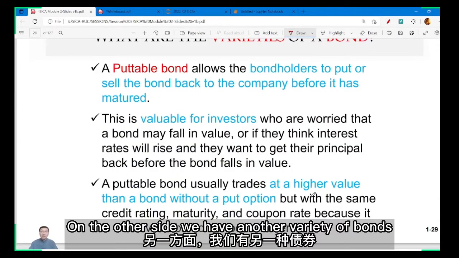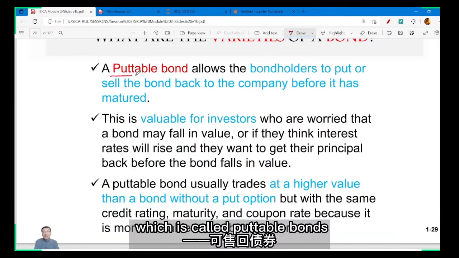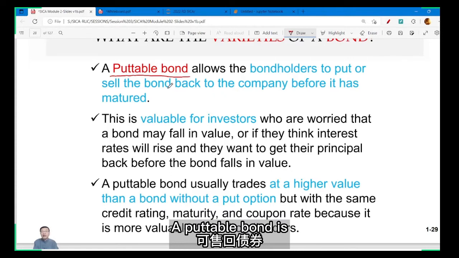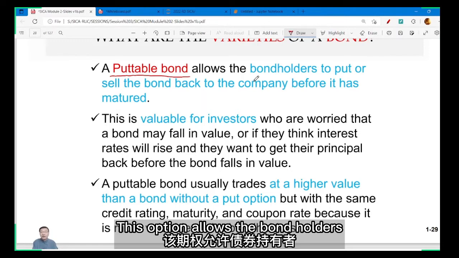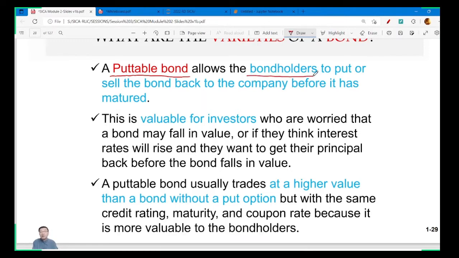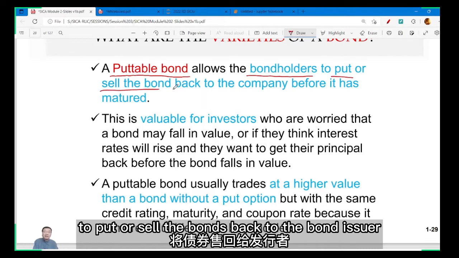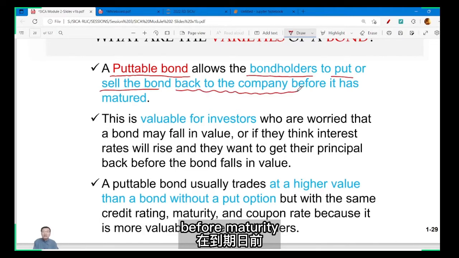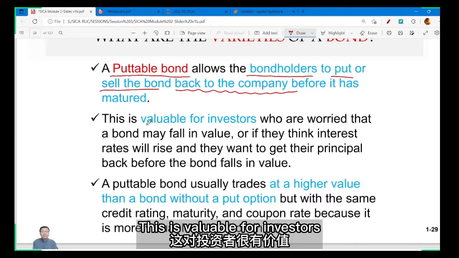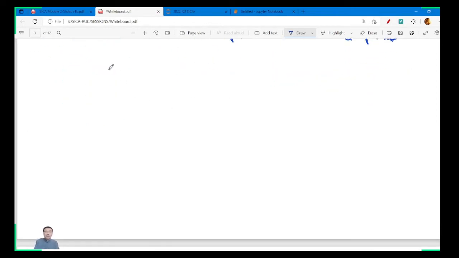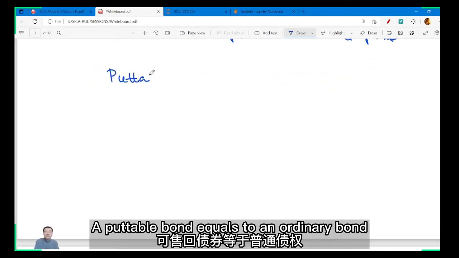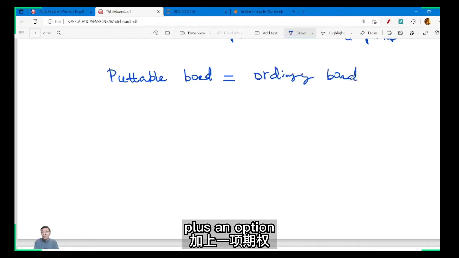On the other side, we have another variety of bonds, which is called puttable bonds. A puttable bond is an ordinary bond plus an option. This option allows the bondholders to put or sell the bonds back to the bond issuer before maturity. This is valuable for investors. Let me explain. A puttable bond equals an ordinary bond plus an option.